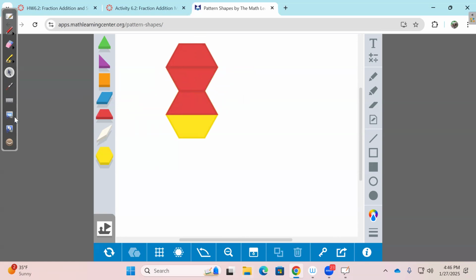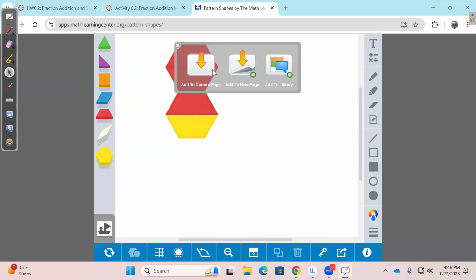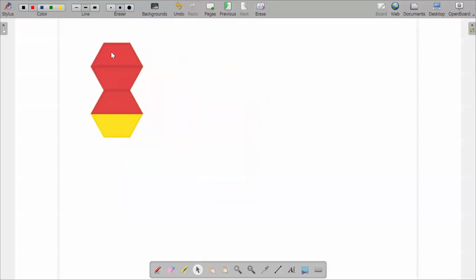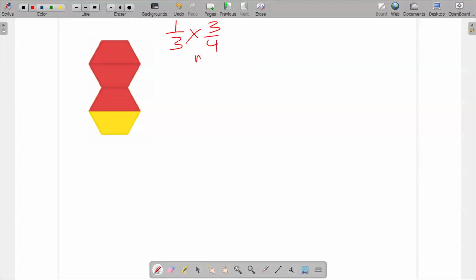So let me just put that in my book so I can make some notes on it. All right, so here are some notes. I'm trying to show 1/3 times 3/4. And what that means is, what is 1/3 groups of 3/4?